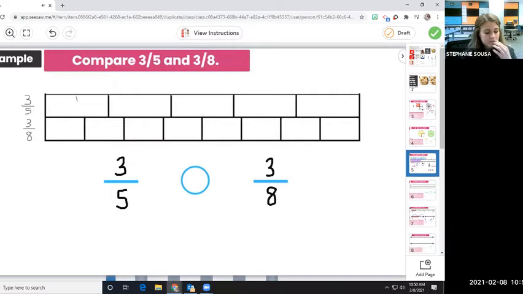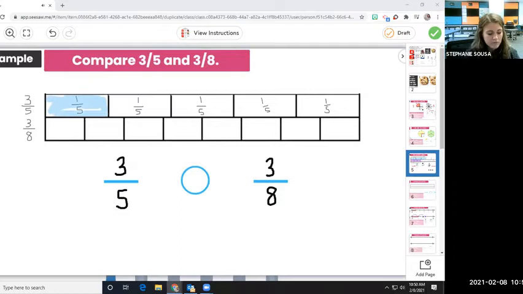I know that each part is the unit fraction 1/5, 1/5, 1/5, 1/5, and 1/5. To represent 3/5, I can shade in 3 unit fractions.